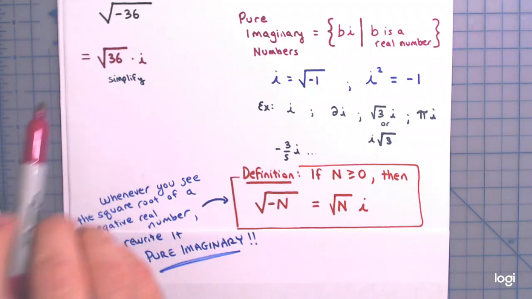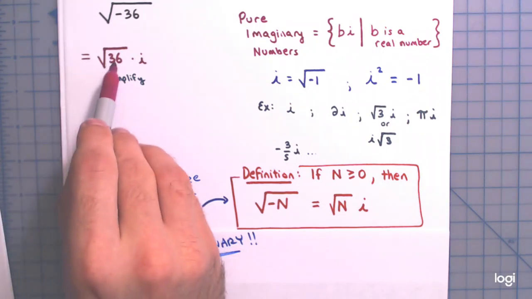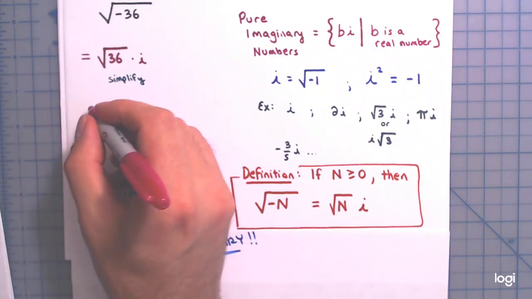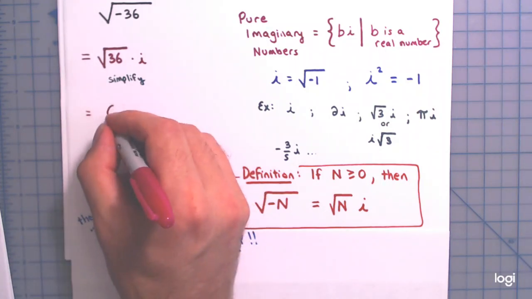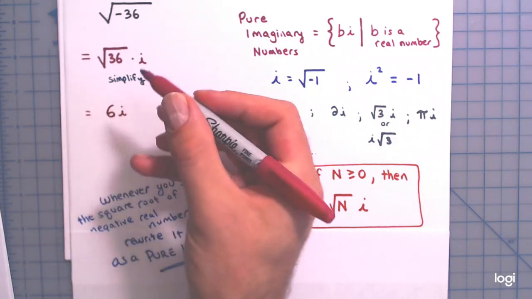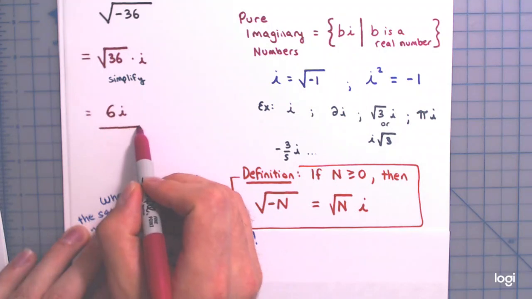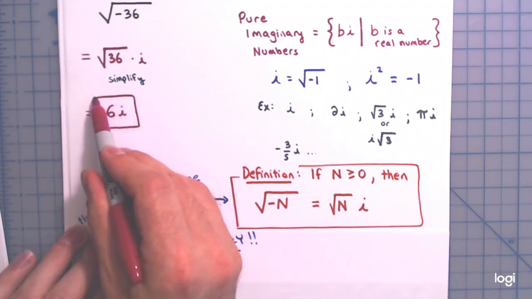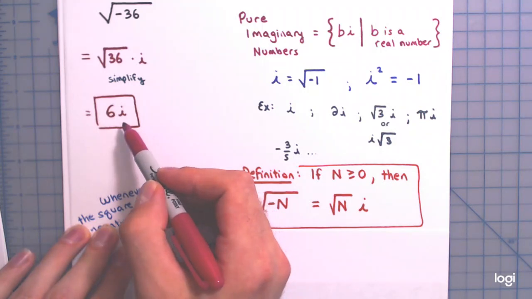So it's like, yeah, I know that -6 to the second is positive 36, but they want positive 6 here. Okay, when you see that symbol. So this is 6 times i, right? And again, there's a real number times i. There's your square root of -36 rewritten as a pure imaginary number.